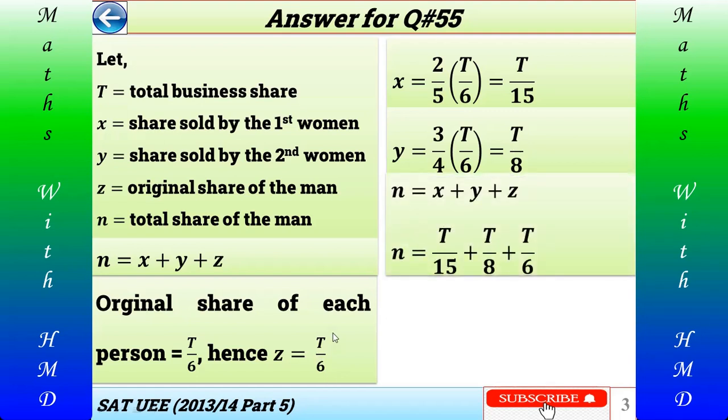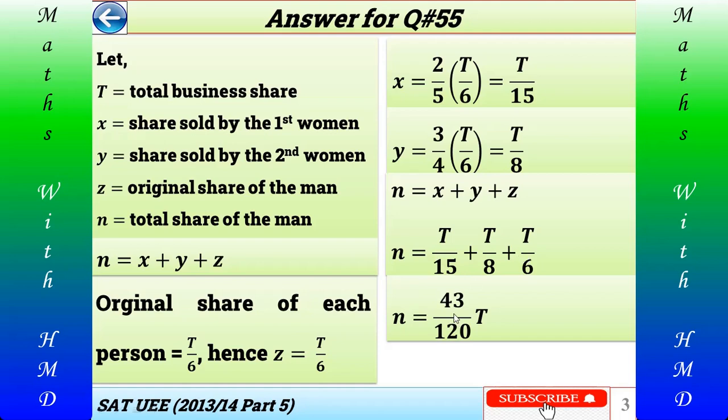Again, we have already found Z. Z is T/6. So N, the total share of the man, is equal to X plus Y plus Z. So N is equal to T/15 plus T/8 plus T/6. Take the common denominator, which is 120, and do some operations here.